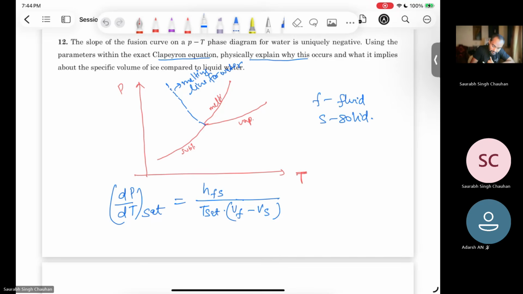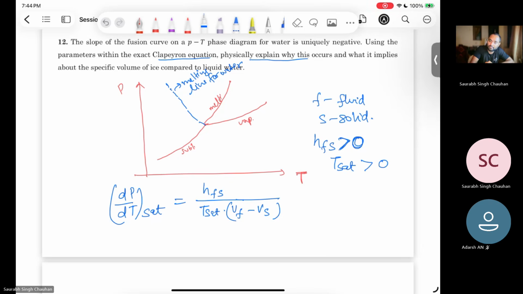So hfs is positive because the latent heat of melting of water is positive. You need to give some heat to melt the ice. Temperature is always positive.